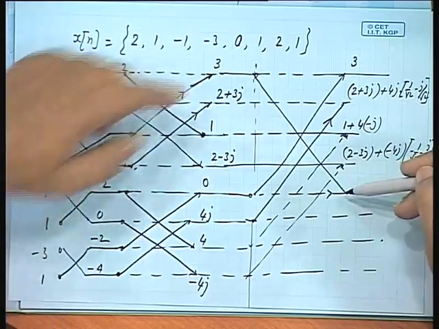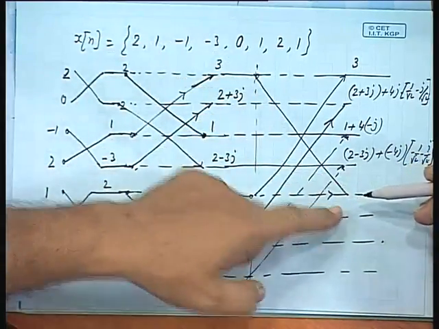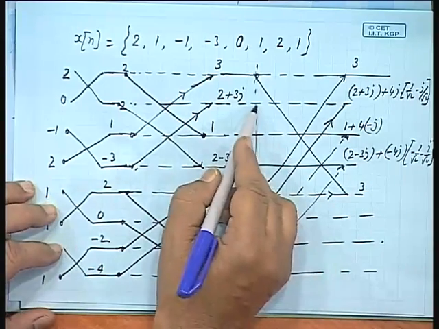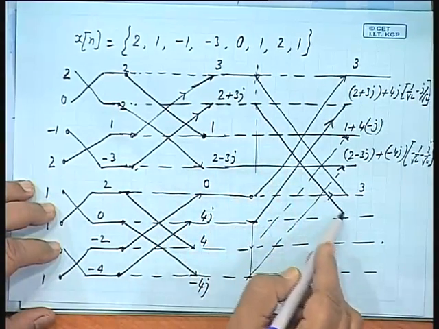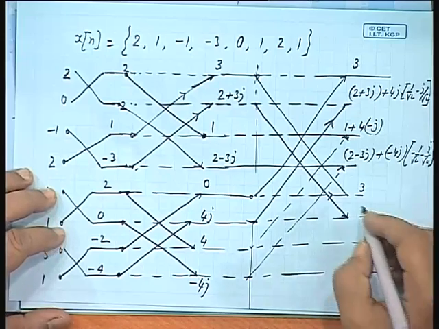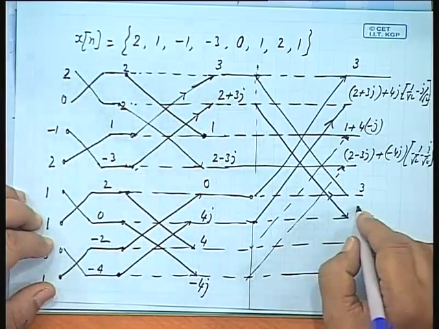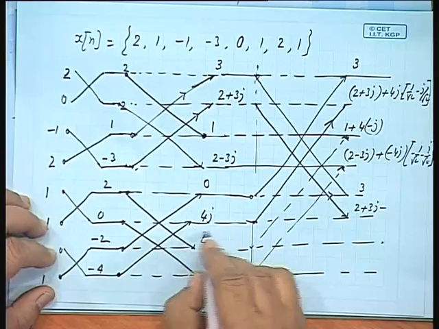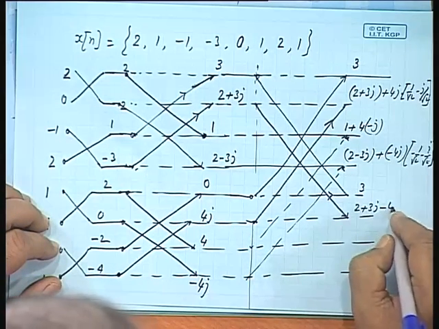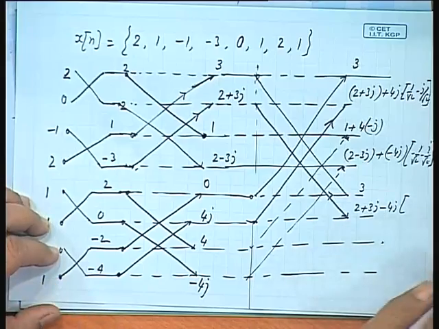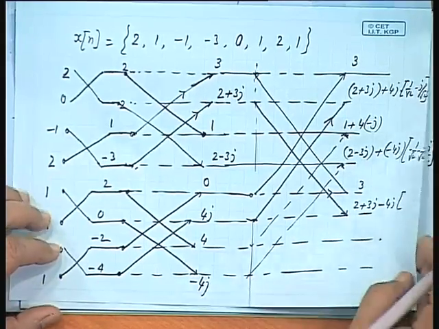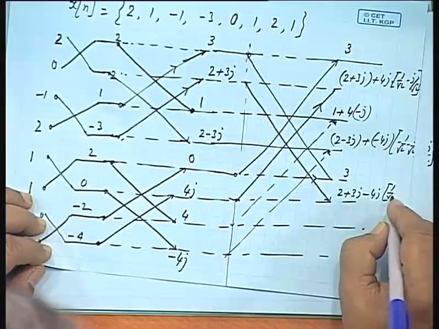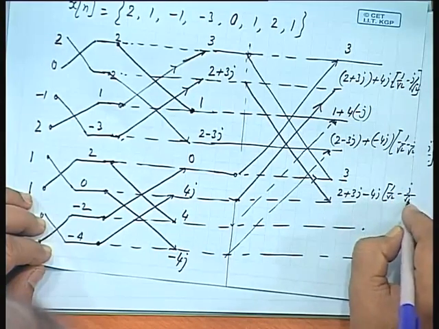So, it will be 3 minus 0, it is also 3, then this one, it will be 2 plus 3j minus 4j into the same thing, is that all right? 1 by root 2 minus j by root 2.